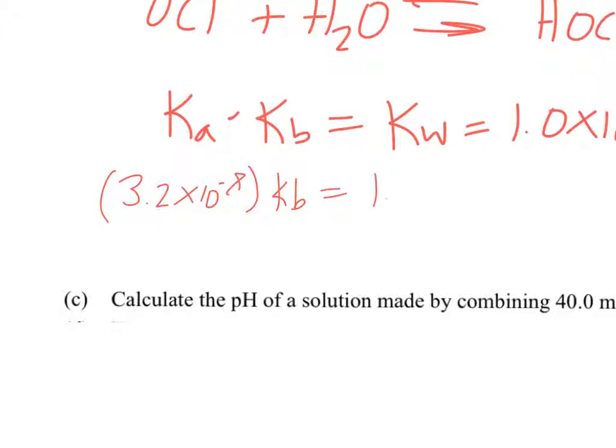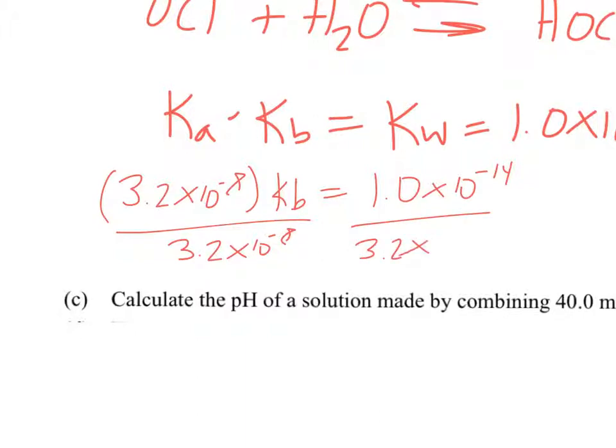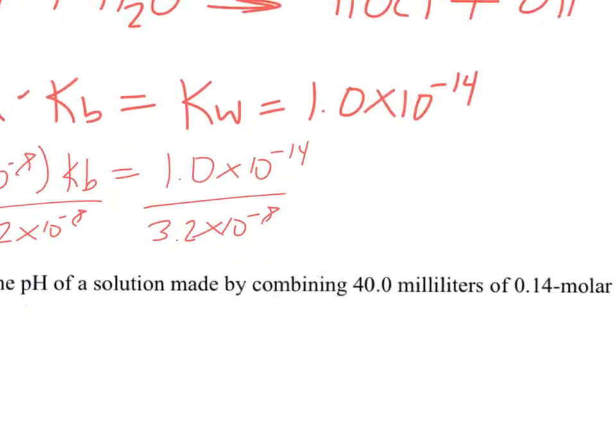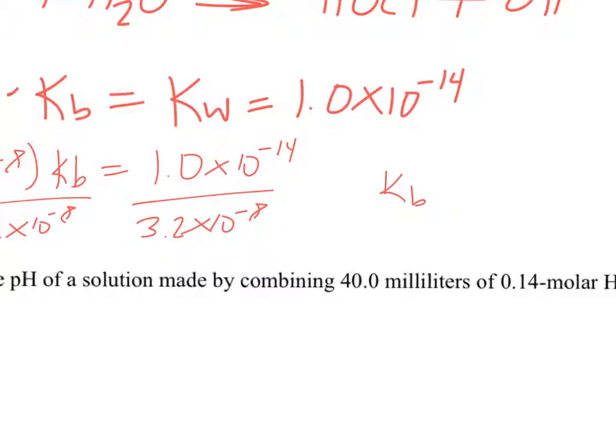Kw is 1 times 10 to the negative 14th, and just simply solve for Kb by dividing by 3.2 times 10 to the negative 8th on each side. In this case, Kb is equal to 3.1 times 10 to the negative 7th.